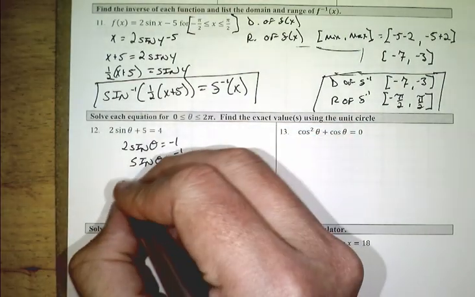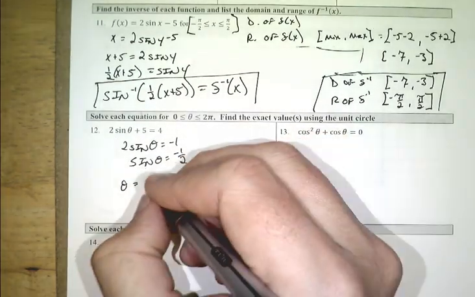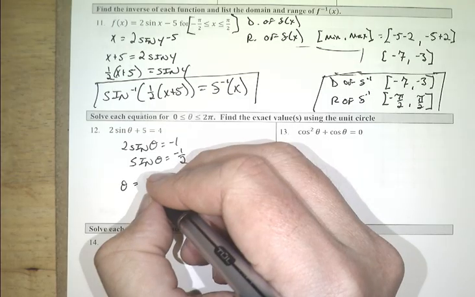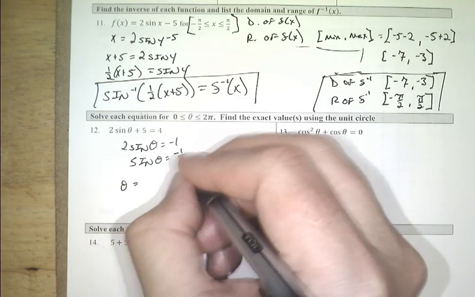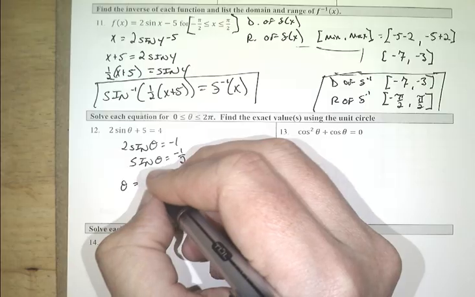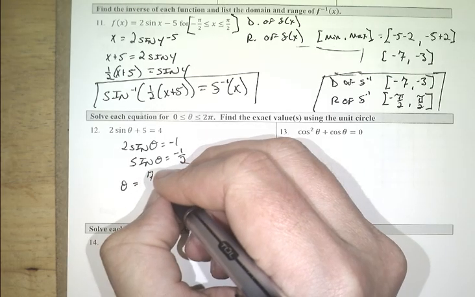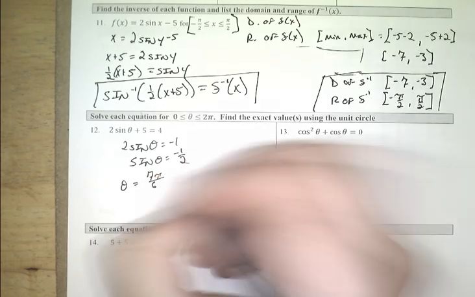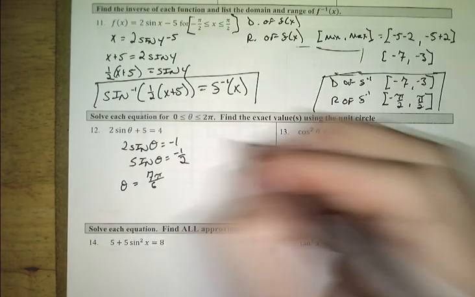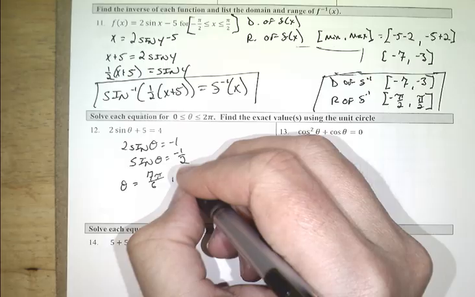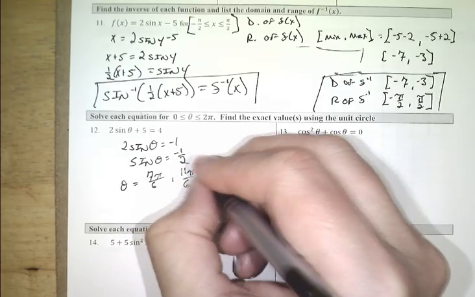Well, that's going to be at pi over 6's. So -1/2 will be 7 pi over 6, quadrant 3 and quadrant 4, and 11 pi over 6.